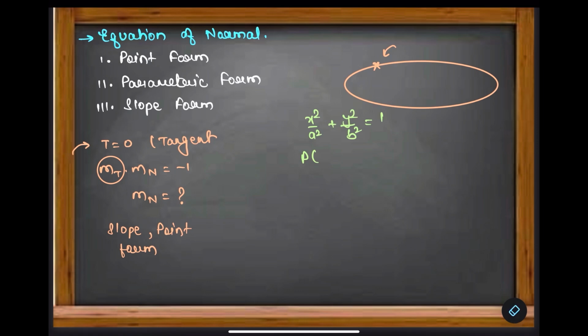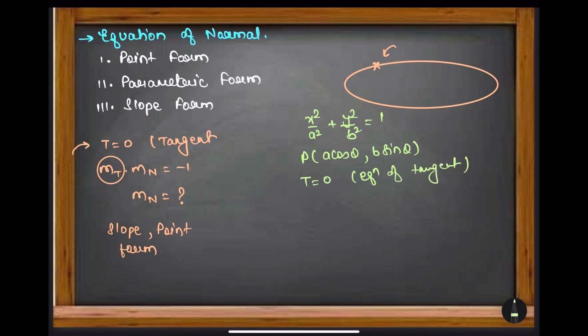You will take help of sine square theta plus cos square theta equals to 1. So it is a cos theta comma b sine theta. So this is your parametric form. So the point is already on the curve, so you can put T equals to 0. You got the equation of tangent, correct?